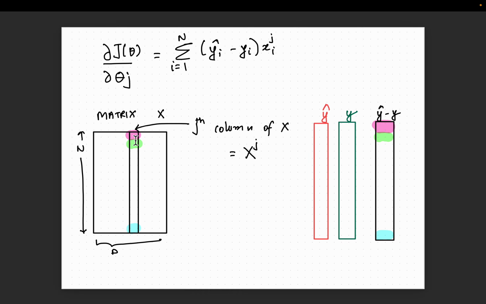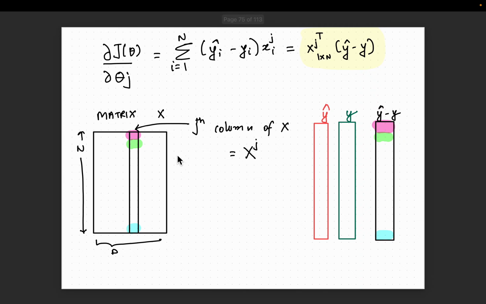We have the jth column of x. For the first example, we have taken this pink value and we multiply it with this particular pink value, which is coming from the first example of yi hat minus yi. We multiply these two components. We multiply the green and the green, we multiply the blue and the blue, and then we add all of these up.